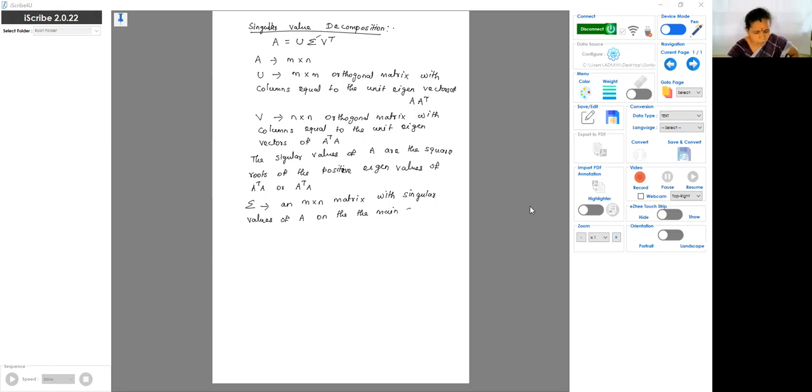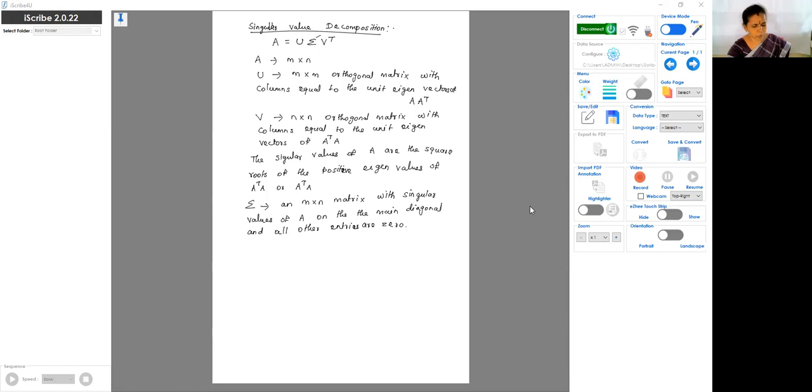Previously we calculated the singular values, no? Those values we take on the main diagonal, and all other entries are 0. Okay, so with this, we can find sigma. If we find the product U sigma V transpose, we will get our capital A. So the given matrix is decomposed using singular values, and the name is given as singular value decomposition.